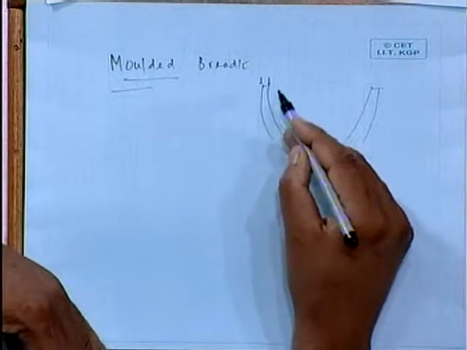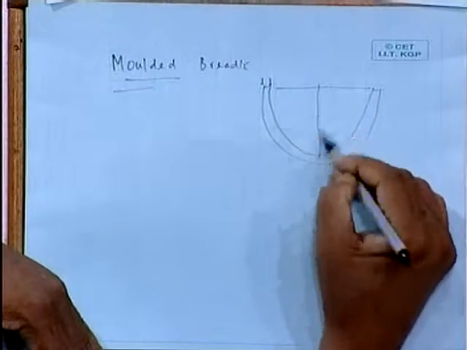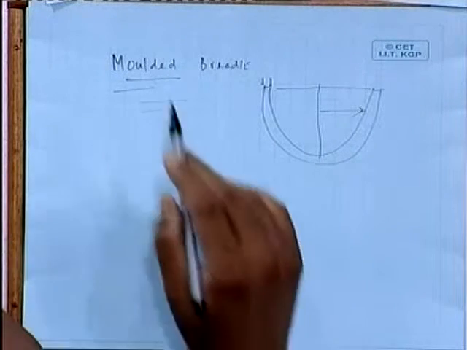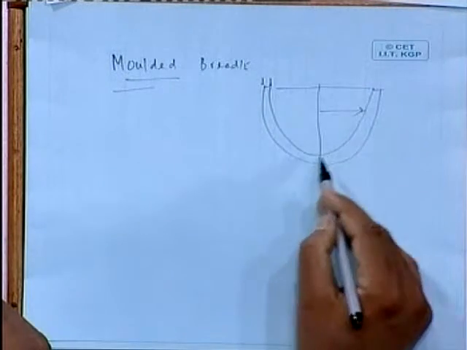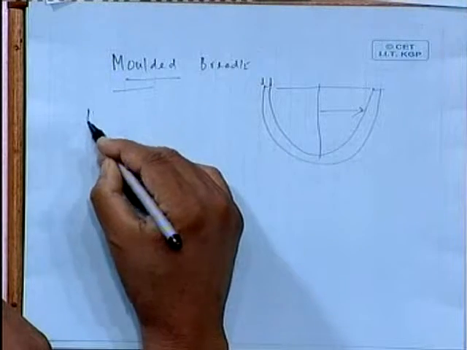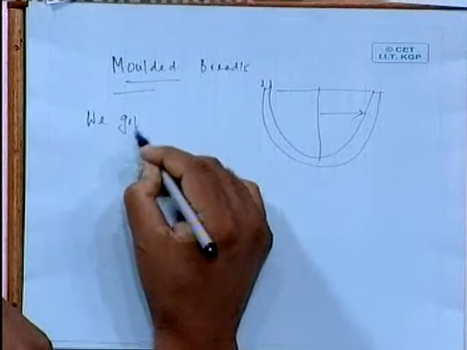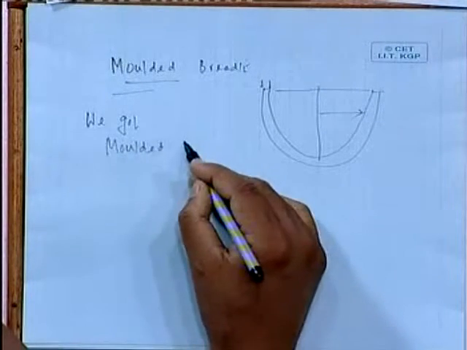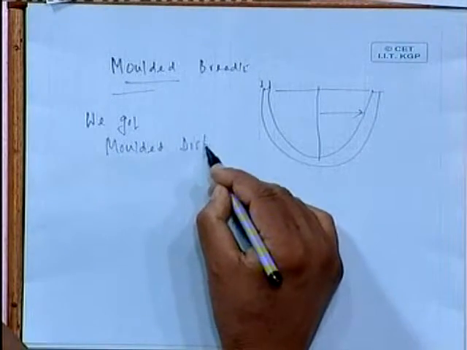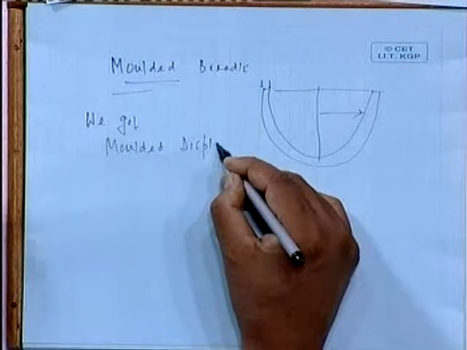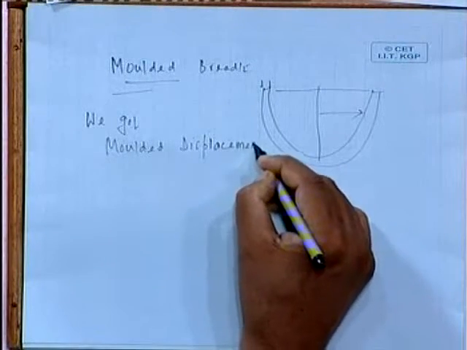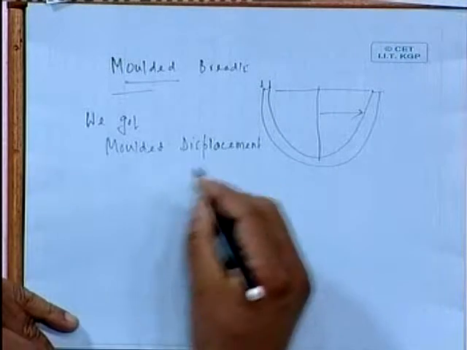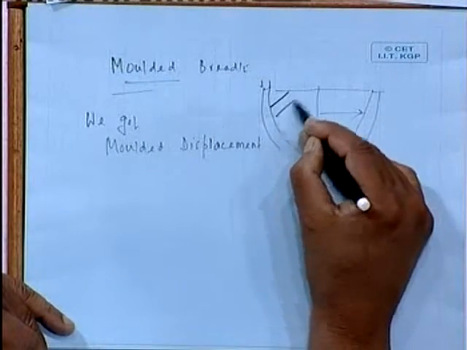So what happens is that the offset that we get is for inside values. So whatever displacement I have got is basically the molded displacement. This column is the molded displacement.